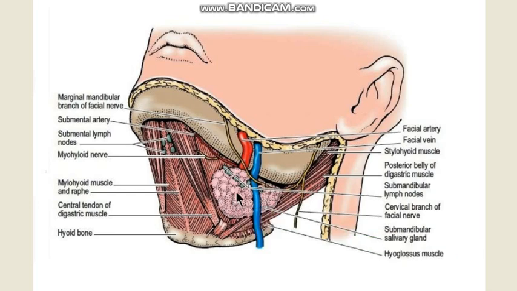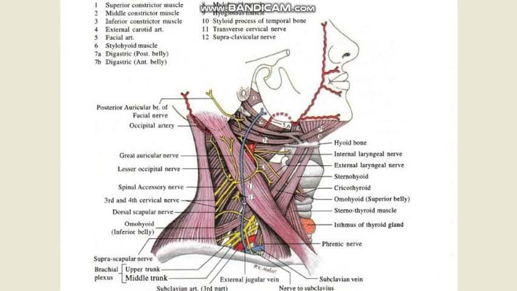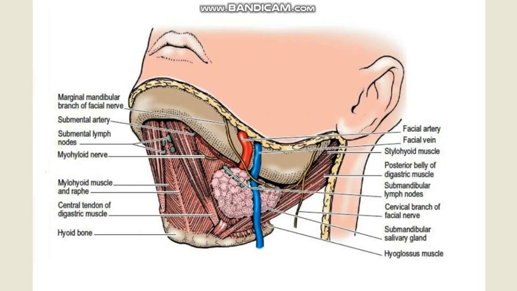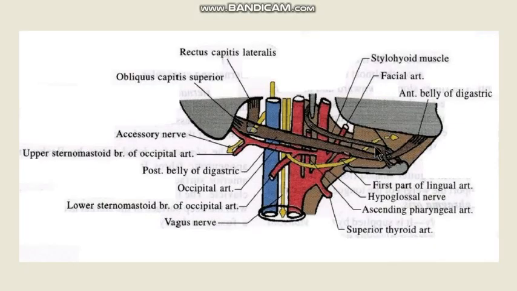The contents are the superficial part of the submandibular gland, the submandibular lymph nodes, the facial artery and vein. Somewhere here you have the mylohyoid vessels and nerve, and you have a part of the hypoglossal nerve and its accompanying veins. Now you can't see the hypoglossal nerve here, but you can see it in this detail. Here you can see mylohyoid, hyoglossus, hypoglossal nerve resting on the hyoglossus muscle.